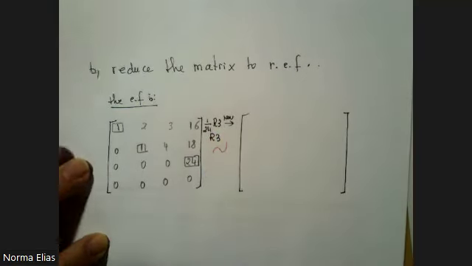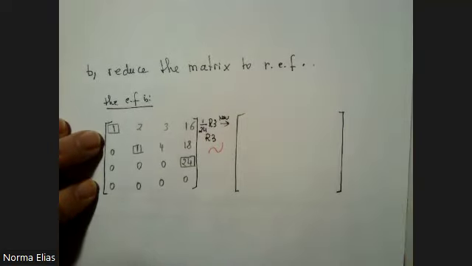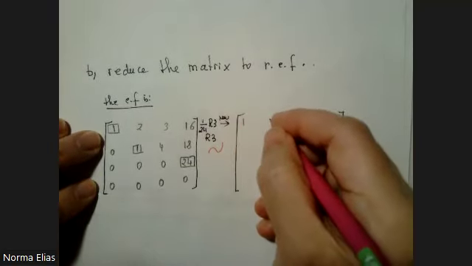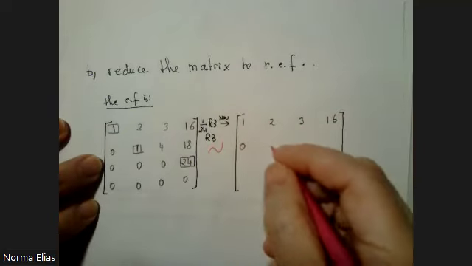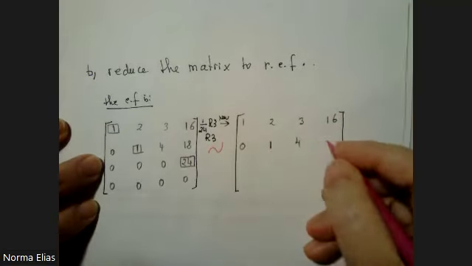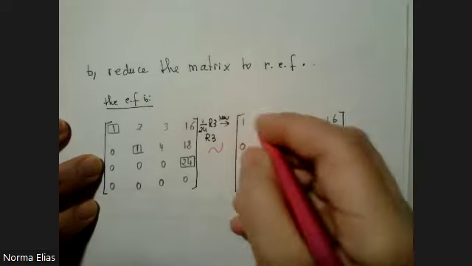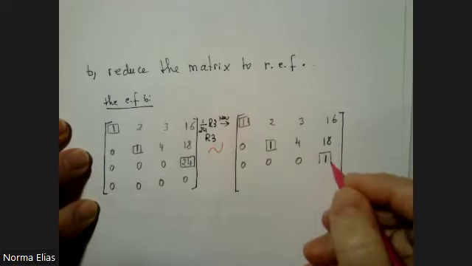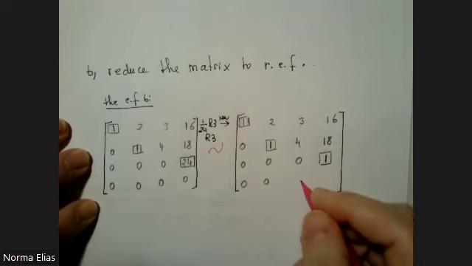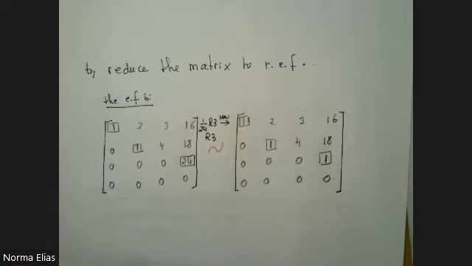So the first step in the process is I'm going to make this into 1 because I can. Why not? So again, this is a 1, 2, 3, 16; 0, 1, 4, 18; then 0, 0, 0, 1. As you realize, I'm always putting squares around the leadings. And finally, 0, 0, 0, 0. Okay.